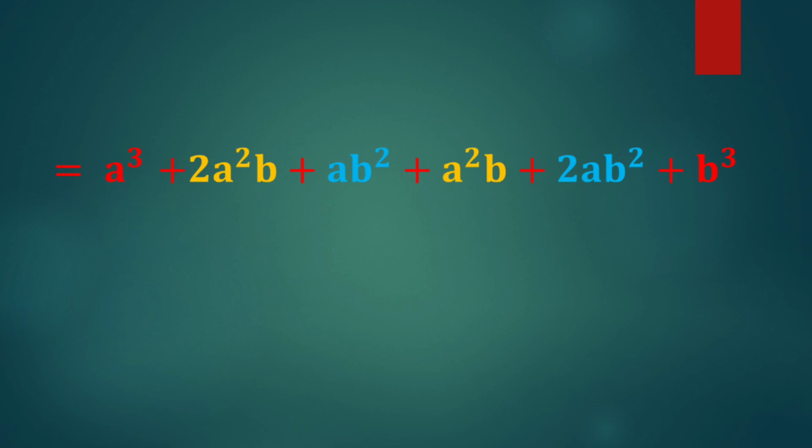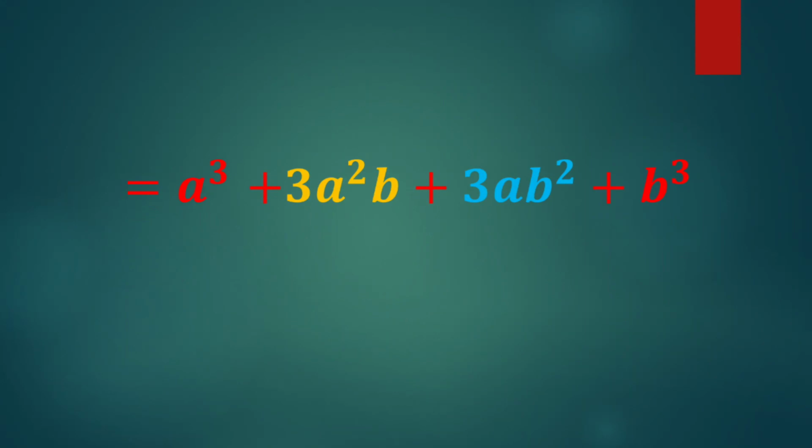And the 2 blue terms, ab square and 2ab square, will be added. We get 3ab square, which you will see in the next step. And this is now our formula: a cube plus 3a square b plus 3ab square plus b cube.